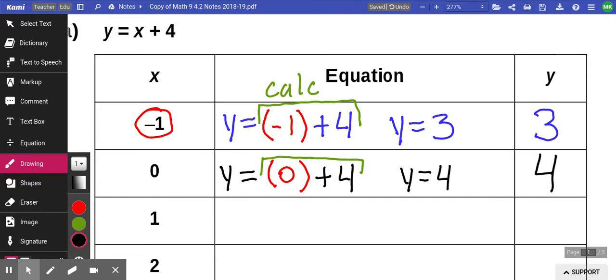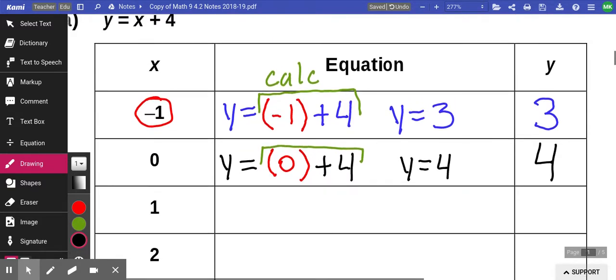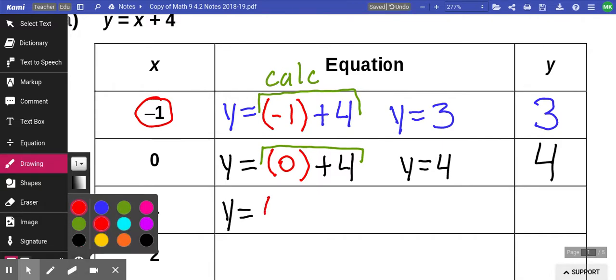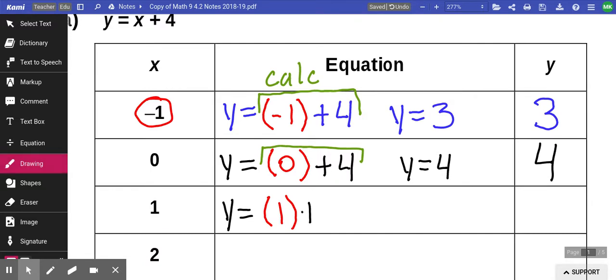We'll try it again. So we're going to pretend we have an input value of 1. x equals 1. We're going to put that into our equation. So we're going to change x to be 1. That would give me y equals, I put brackets on my 1, and everything else stays the same.